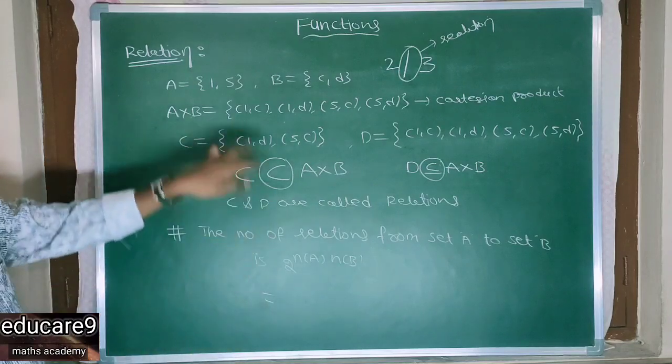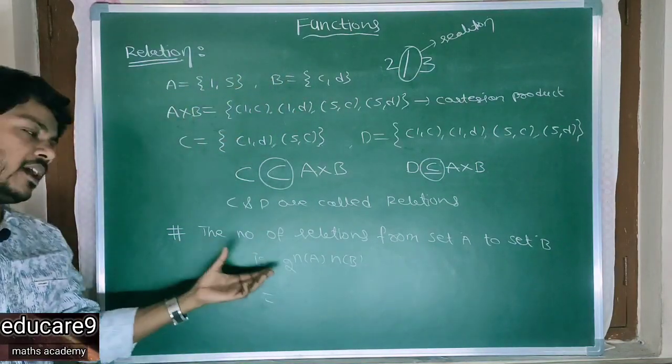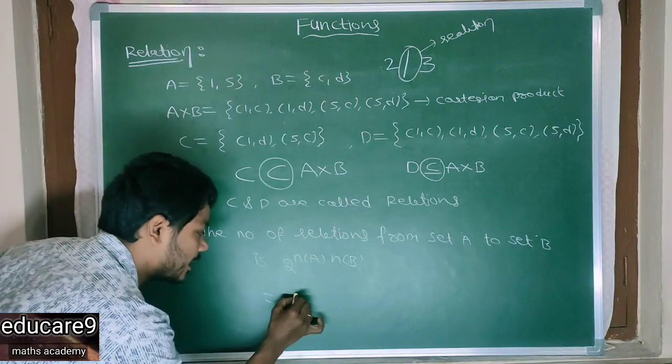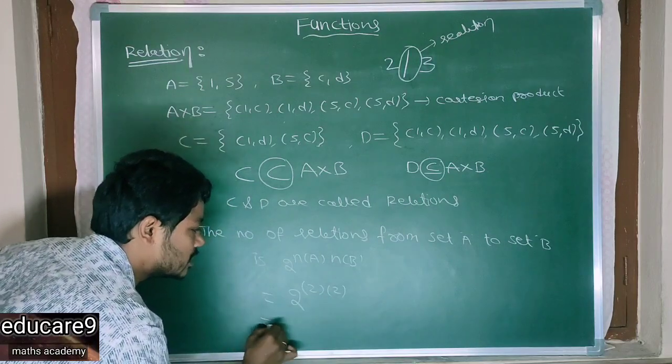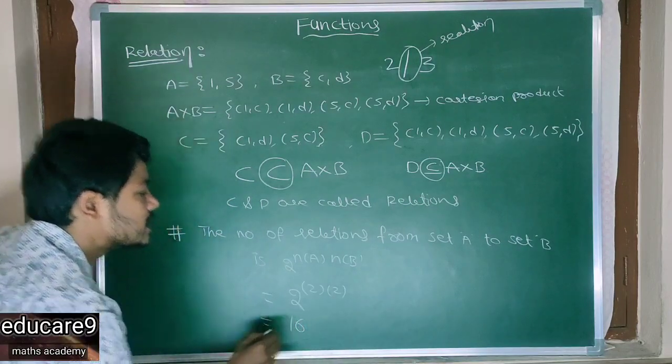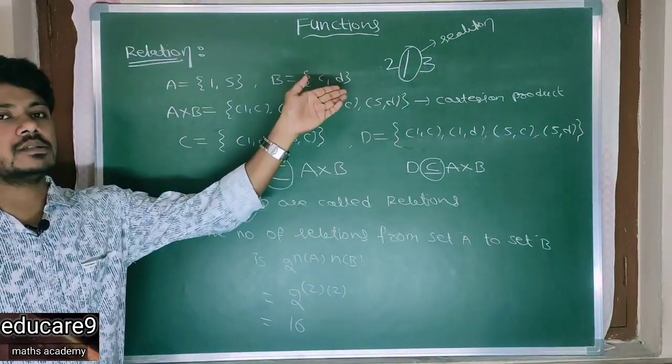Here the number of elements in A is 2 and the number of elements in B is 2. Therefore the number of relations is 2 power 2 into 2, which is 2 power 4. A total of 16 relations are possible from set A to set B.